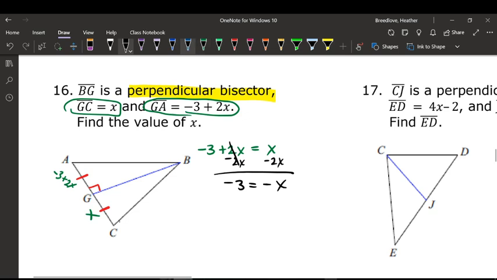But I don't want a negative X, I want a positive X. So I'm going to divide by -1. The 1 doesn't change the value, but the negatives cancel. On the left, the negatives cancel, so 3 equals X. And since it didn't ask me for a side length, it just asked for x, I'm finished.